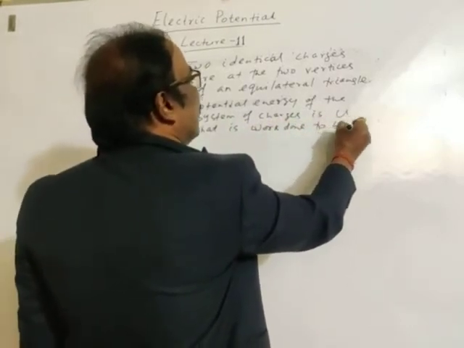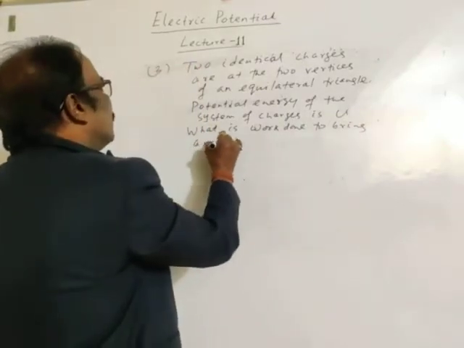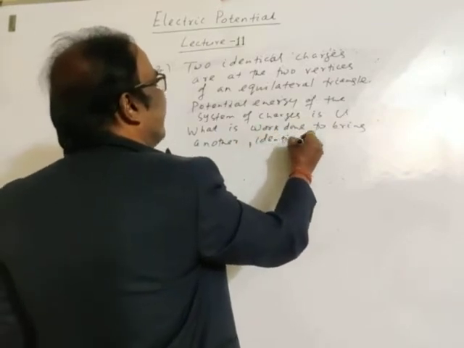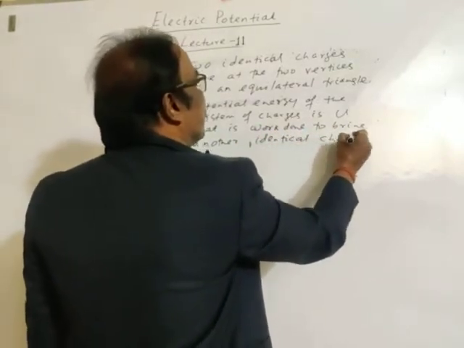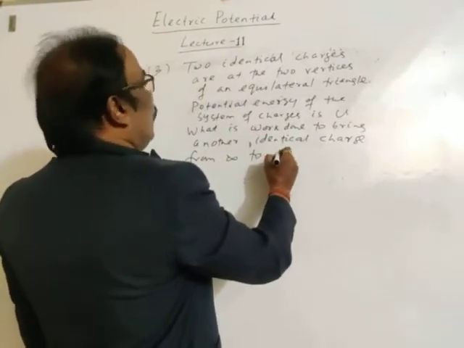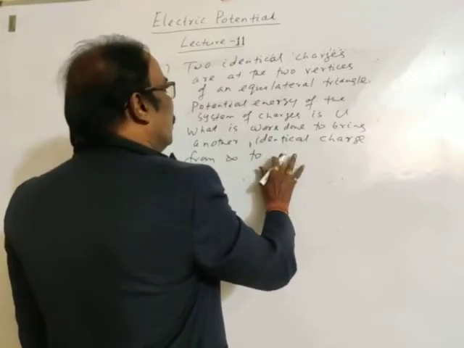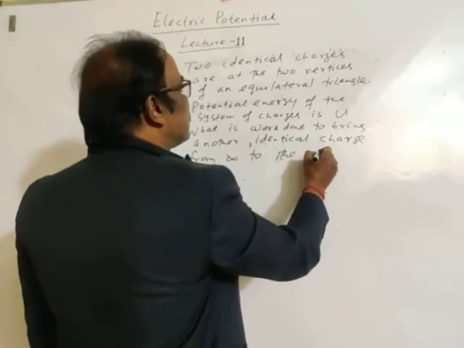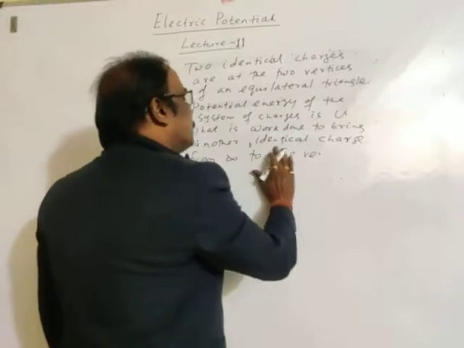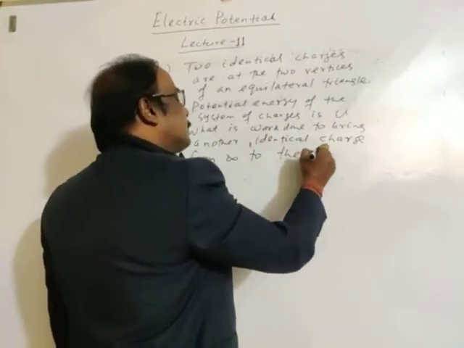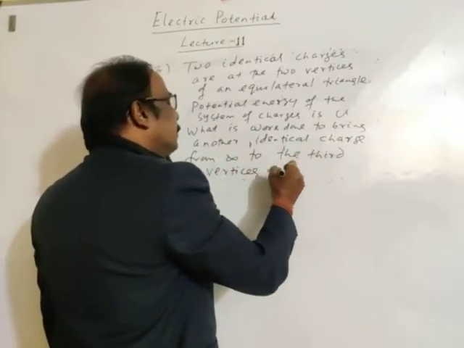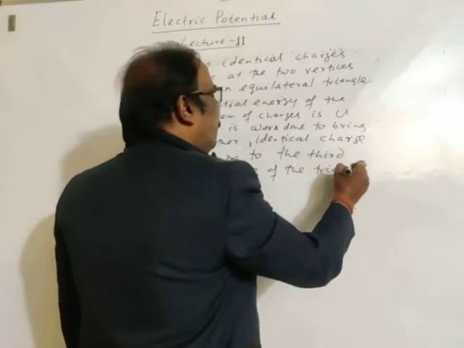What is the work done to bring another identical charge from infinity to the third vertex of the triangle?